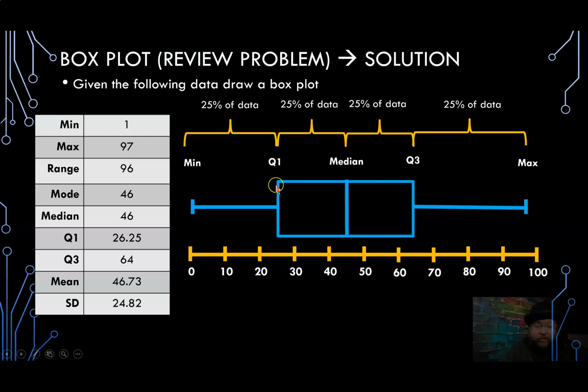And then the same thing from Q1 to median, that's another 25 data points or 25%, and so forth going up. And this allows us to break it up more. Instead of just thinking from the min to the max, that range of 96 values, we can start interpreting more of what's happening.